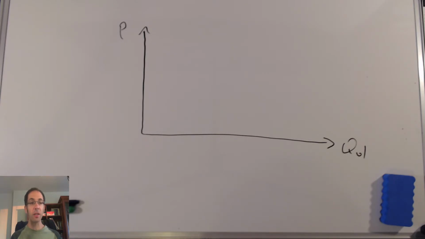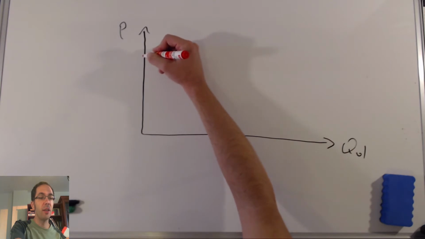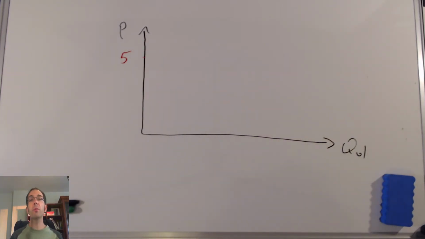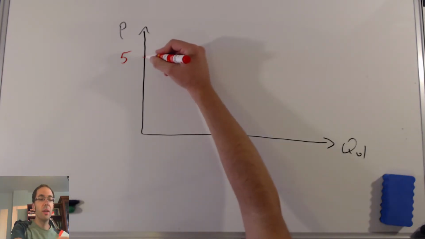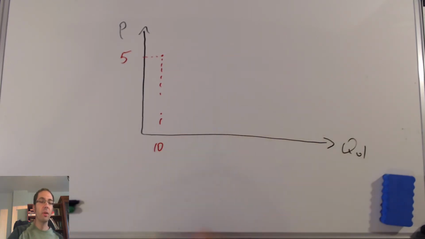Now let's start with a hypothetical example. Imagine that, let's say, it's a hot summer day and we're selling ice cream. And when the price of the ice cream is, let's say, $5, few people will want to buy it because it's a bit expensive. So let's say only 10 people buy ice cream from us.